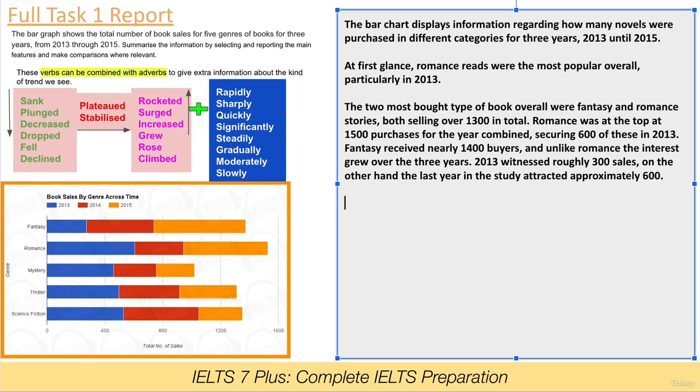So let's have a think about our second group. This is when we want to talk about science fiction, thriller, and mystery. Okay, so how are we going to group these all together? Well, they're the least popular three. So we could say the other genres were less popular.